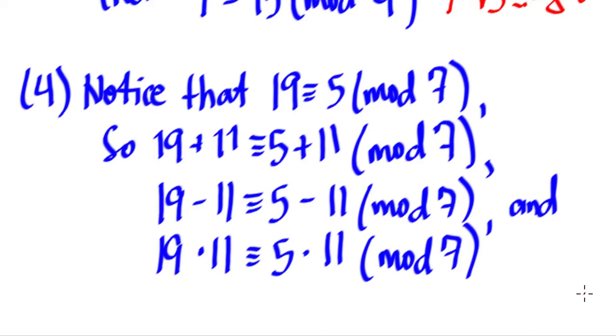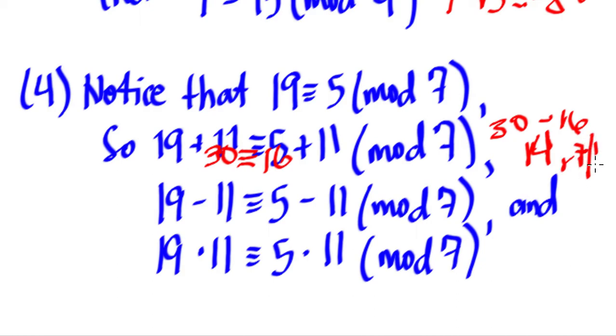So if you want to try, 19 plus 11 is going to give us 30. It is said to be congruent to 16. Let's try: 30 minus 16 is going to give us 14, and yes, 7 divides 14. That's 7 times 2.